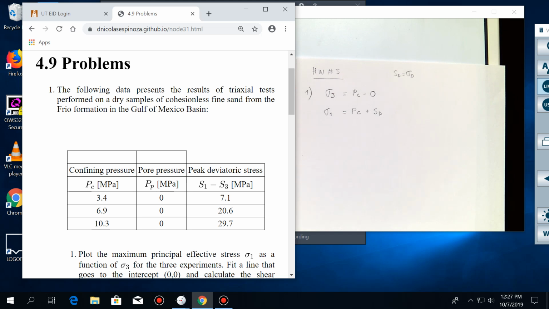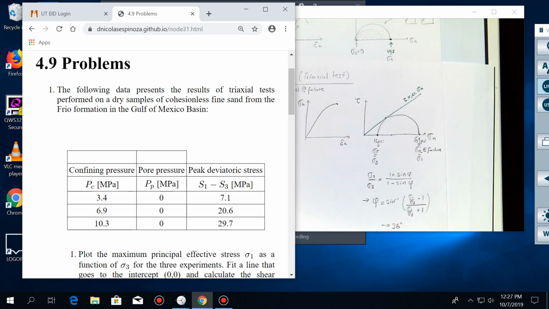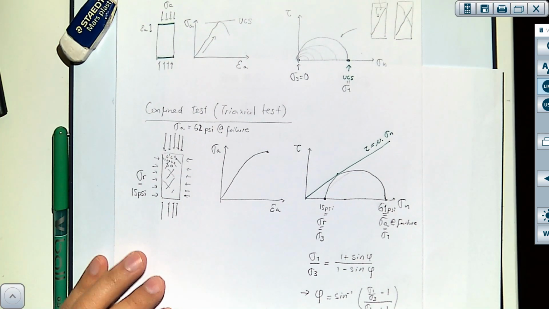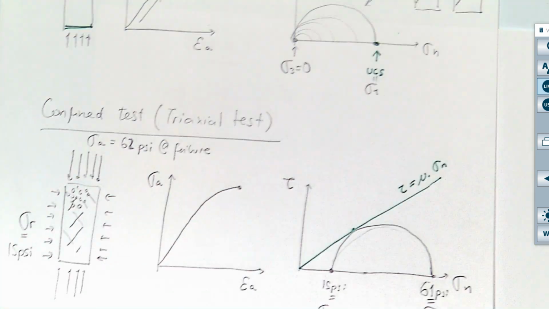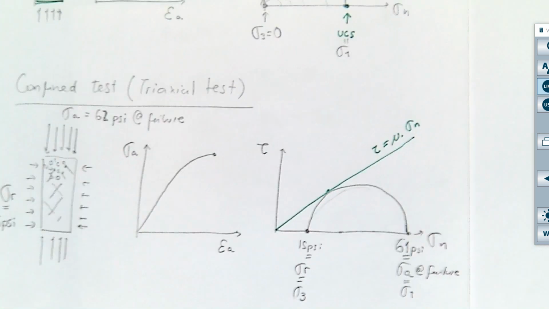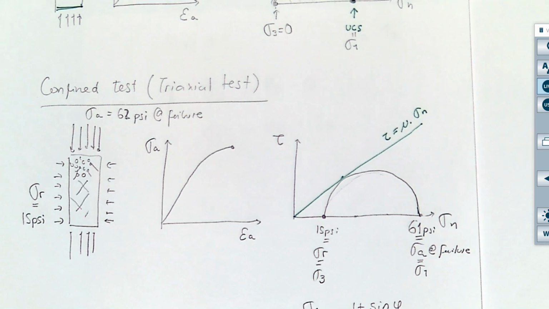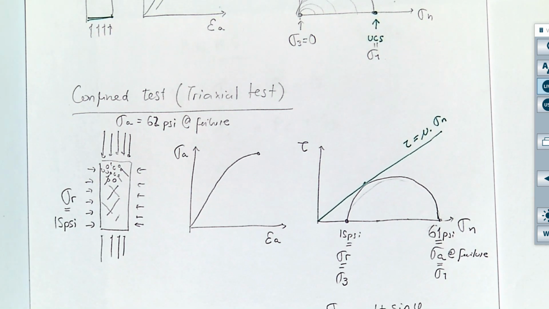We have seen in the theory that these Mohr circles are going to be limited by that shear failure line. But we're going to go a slightly different route here in order to compute the friction angle, which is a little bit easier.